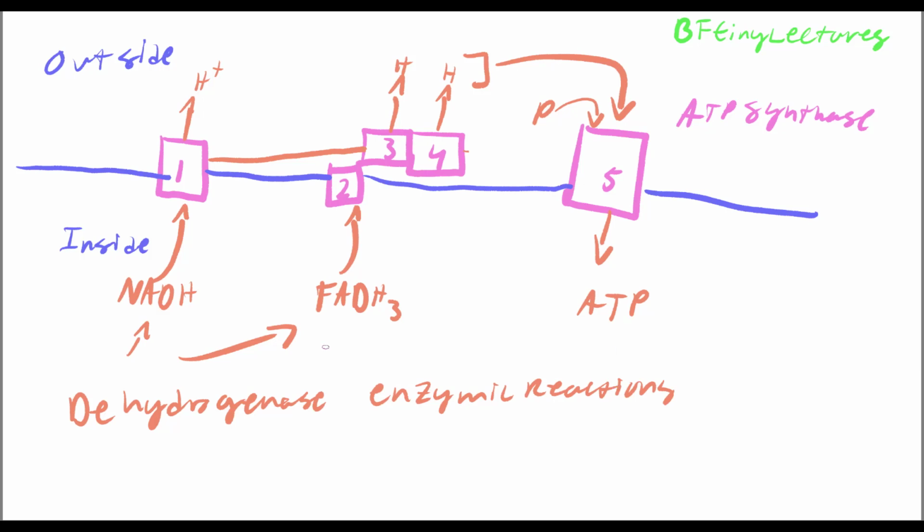And another key factor that you need to know usually is that oxygen plays a huge role whenever you're doing dehydrogenase enzymic reactions, okay? Because you're going to have oxygen over here, and essentially oxygen touches this as well, and it produces water, okay?